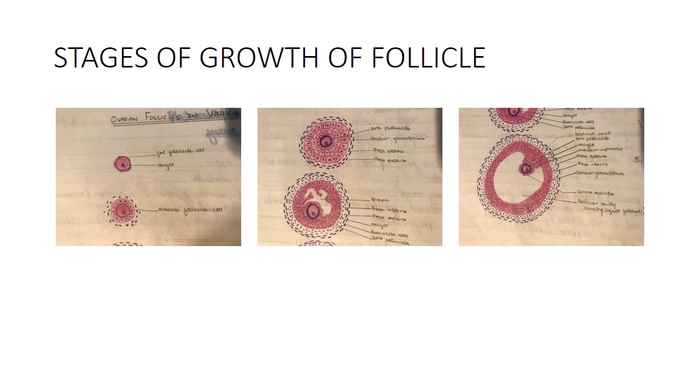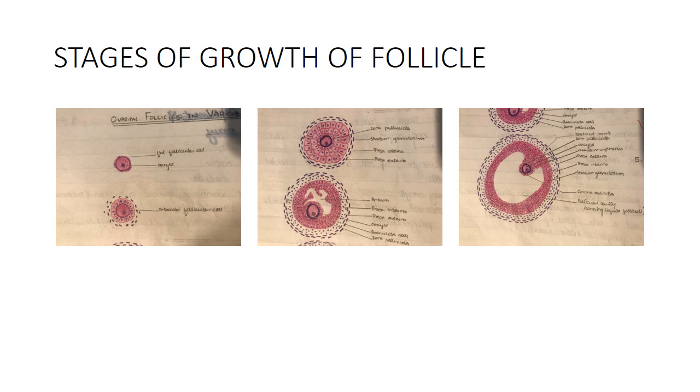Then in the next diagram, you can see the multilaminar follicle, and then the antrum begins to appear, which is the antral stage, and then a very large crescent shaped cavity appears, and this is the secondary follicle.